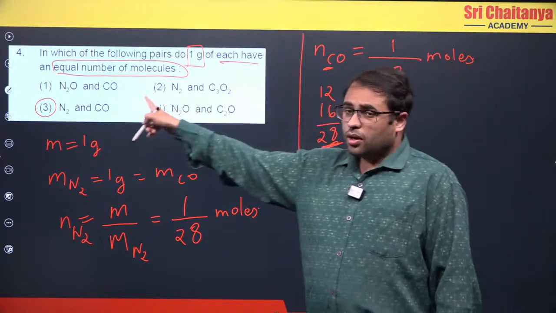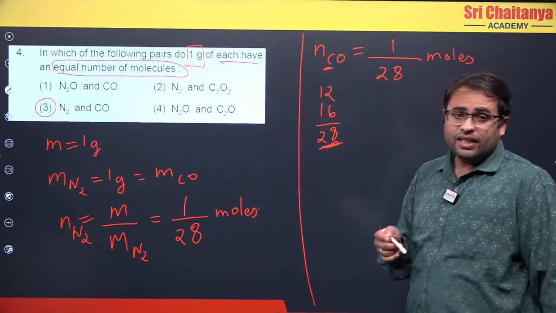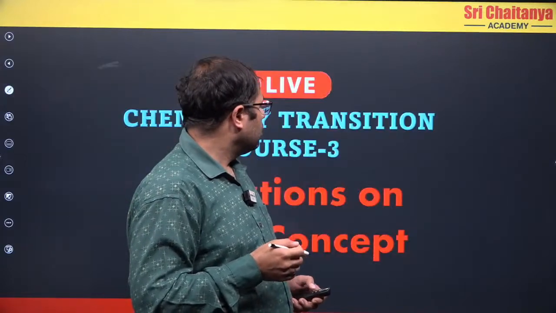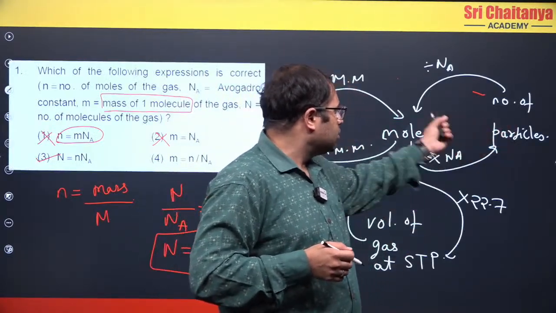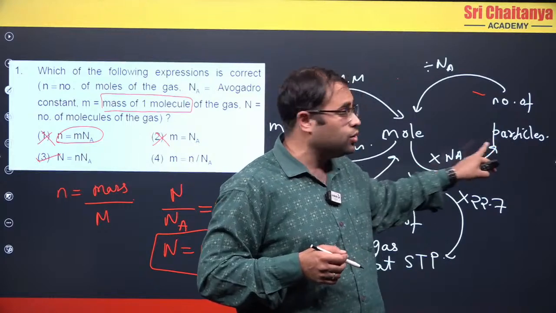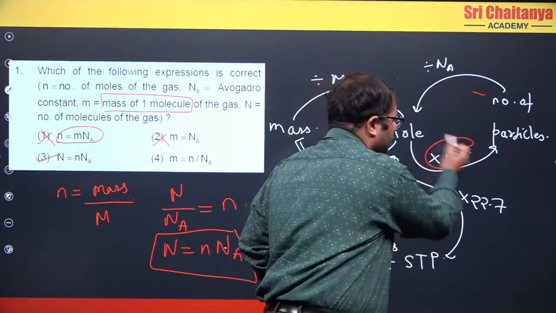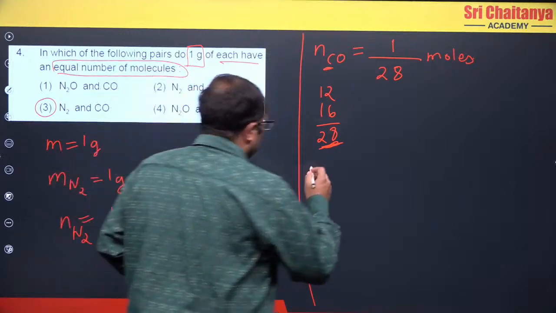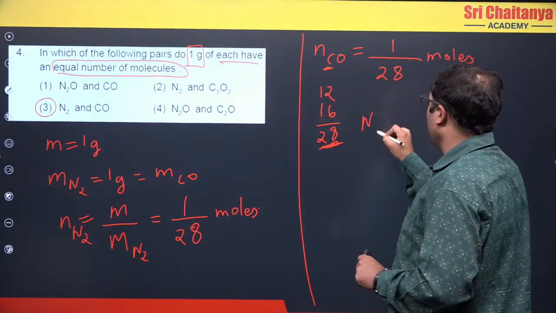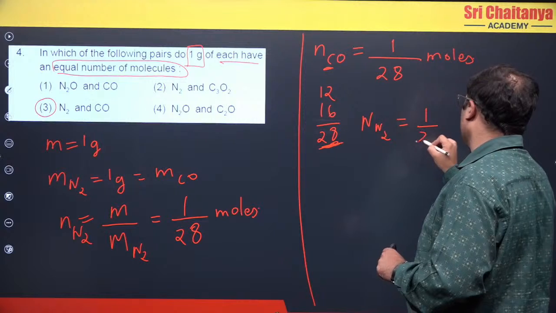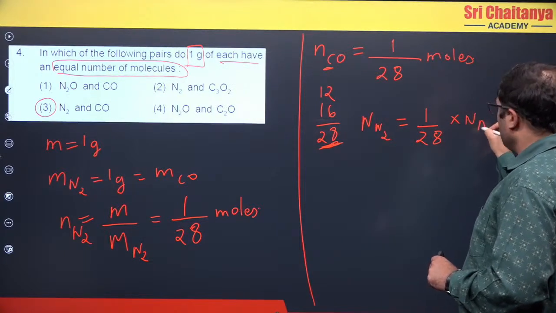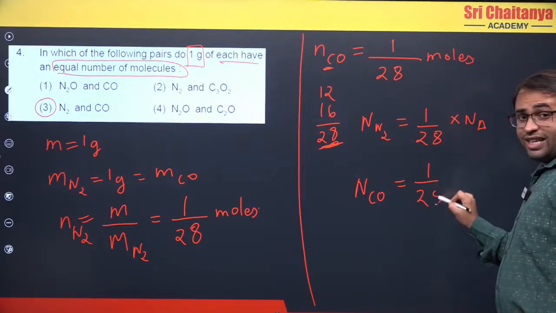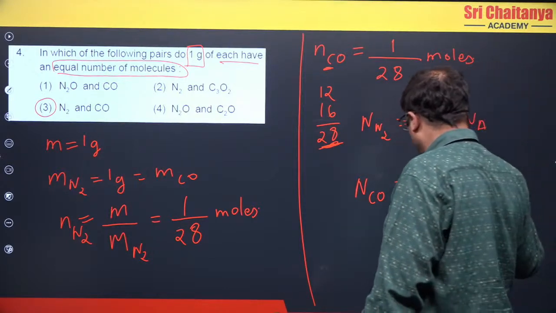So the moles are 1 by 28 for each. Number of molecules, how will you get it? You have to go from moles to number of particles, so multiply by Na. Number of particles of N2 is 1 by 28 into Na, and number of particles of CO is 1 by 28 into Na.